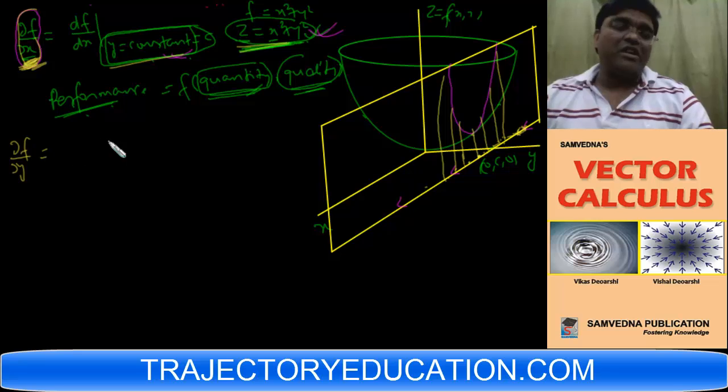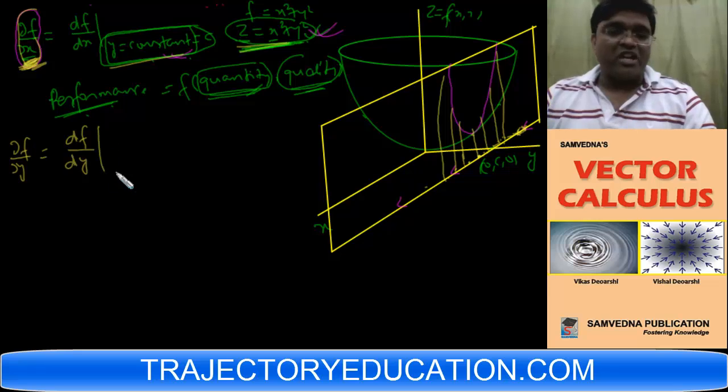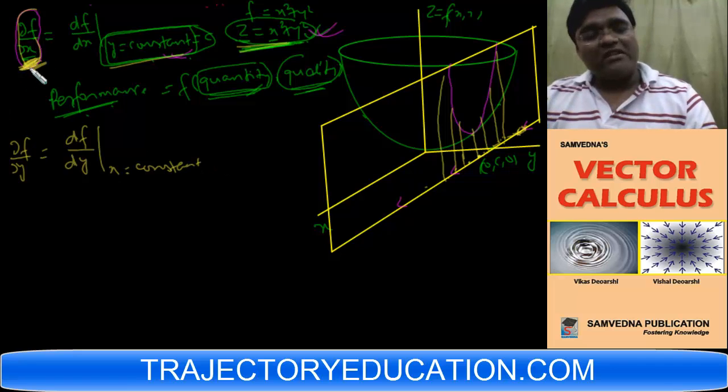Similarly, this gives you a good idea how f is changing when I am moving parallel to the y-axis. So you can see that this also involves some kind of direction.